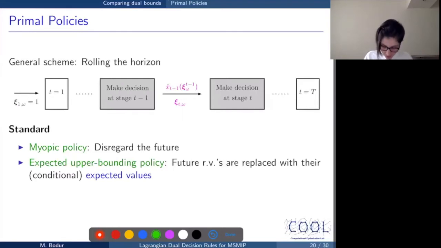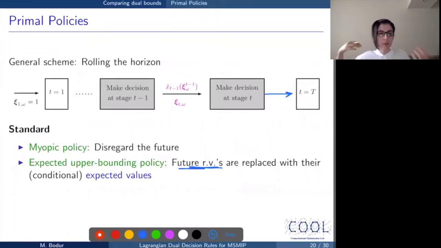So what we do in this first so-called expected upper bounding policy type of approach is, we will consider future random variables, what might happen after our current stage. If I'm at t, I will consider the future only in the form of a single sample path. I will only consider, if you will, a single scenario towards the future.